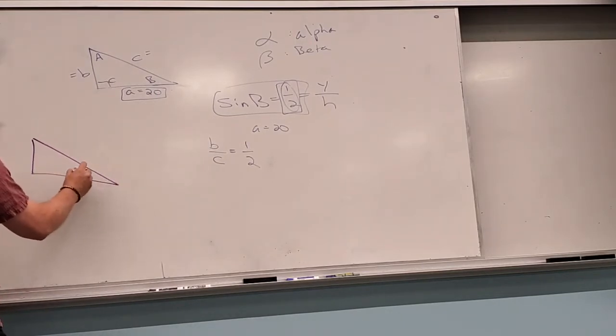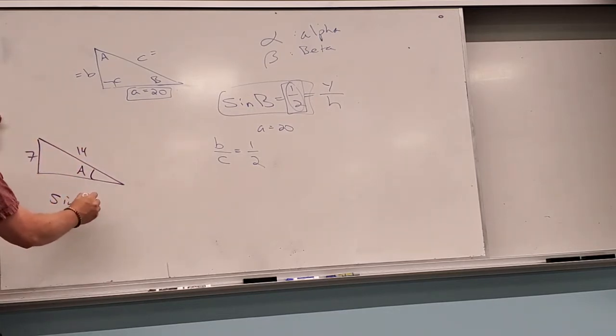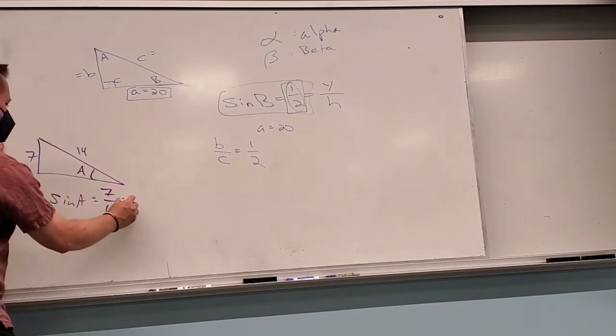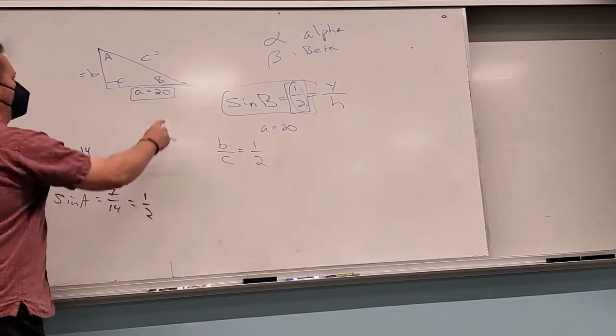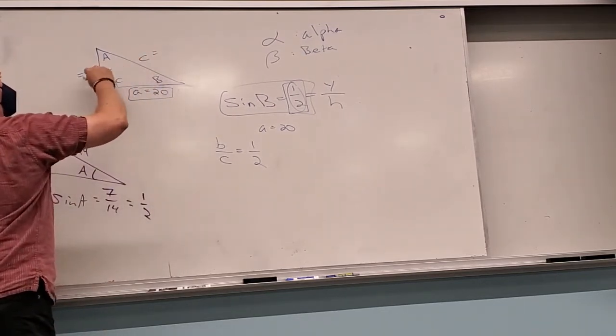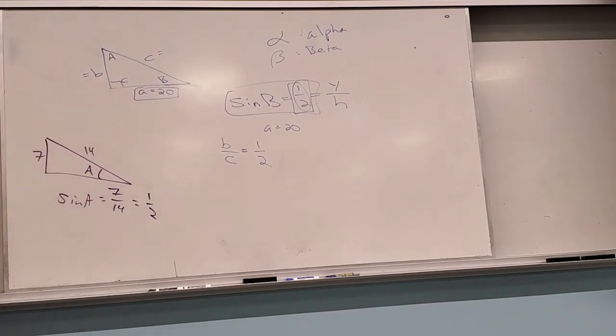So here's angle, let's say this is angle A. What is sine A? Seven over 14, right? Which reduces to 1/2. So this could be 7 and 14. You guys see what I'm saying?